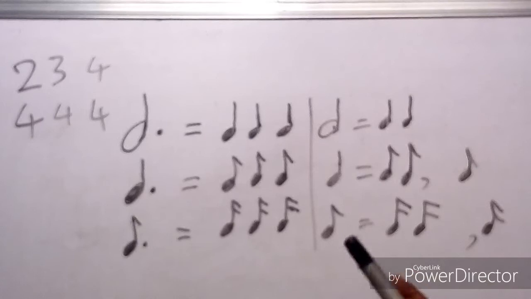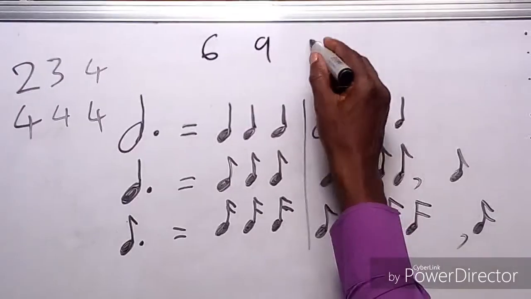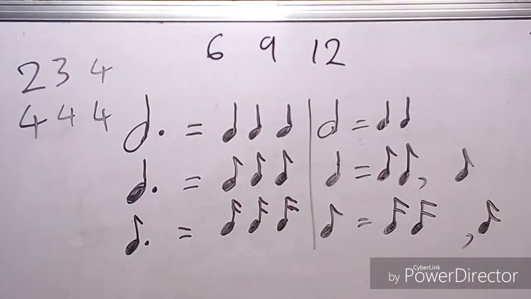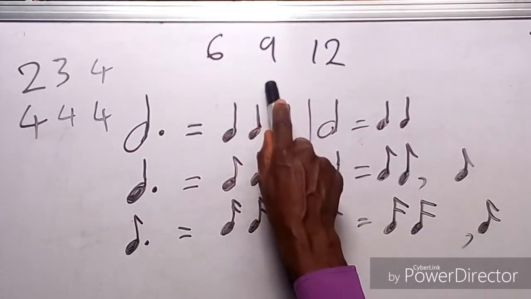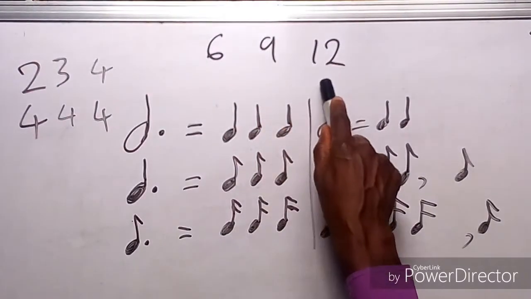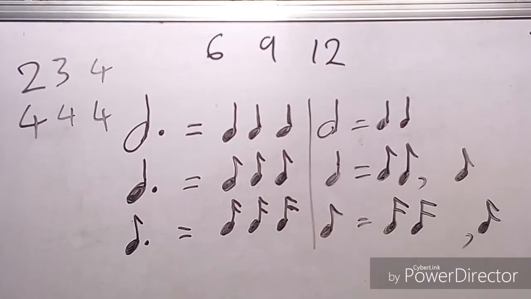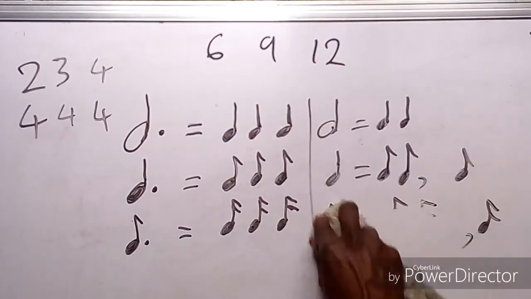Now for compound time, the upper figures are 6, 9, and 12. What this means is this. 6 refers to compound duple, 9 refers to compound triple, and 12 refers to compound quadruple. Let's look at the dotted notes.